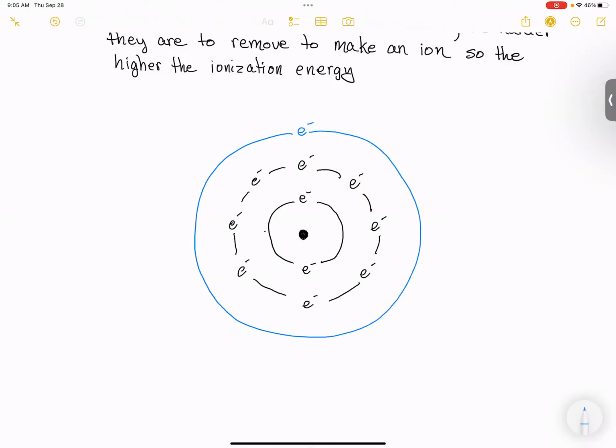Now, the reason I added it is because this electron causes a 0.85, this electron causes a 0.85, this one 0.85, and I can continue.